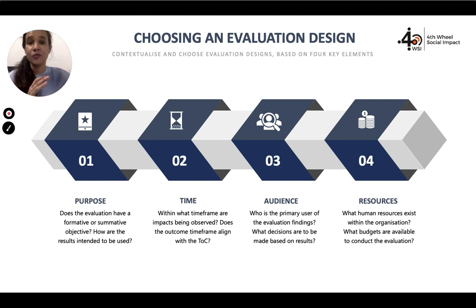Whereas a summative objective would be to see, we've made such an investment, what kind of change or impact has it created. So I think that helps you decide what kind of design you should choose. Also important, and we've been discussing this a lot, is how you are going to use the data to make evidence-based decisions.